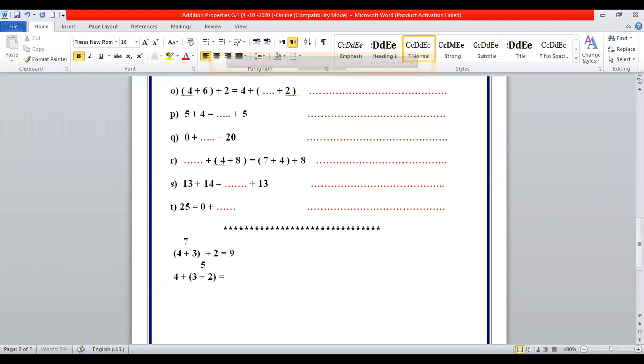The same. So if you have the same three numbers and we change the grouping, starting with the first two numbers or the last two numbers, the result will be the same. This is the meaning of associative. If we start with the first two numbers or the last two numbers, the result remains the same. No change.